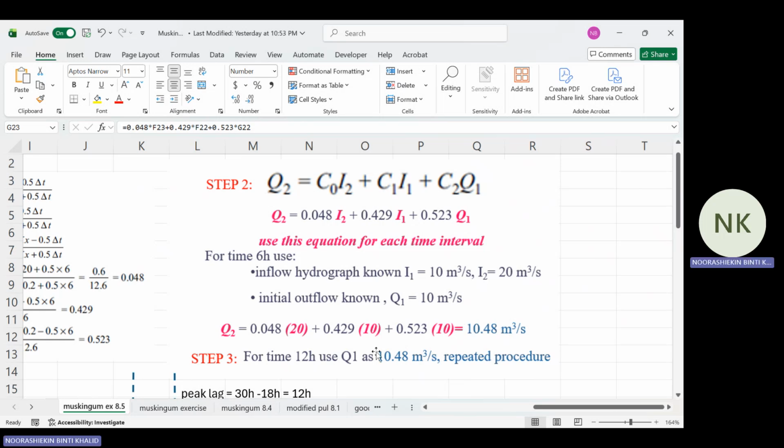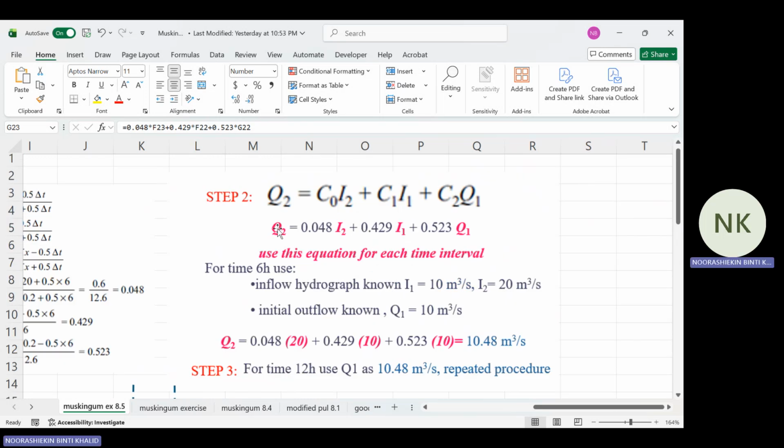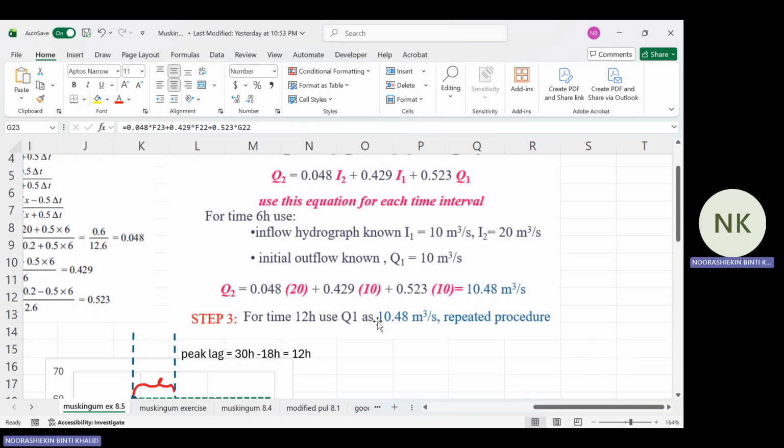For step 3, for the next 12 hours, use Q1 as 10.48 for repeated procedures.